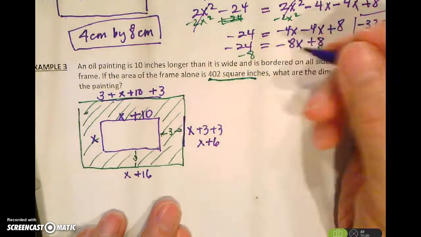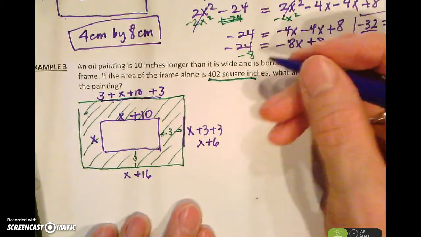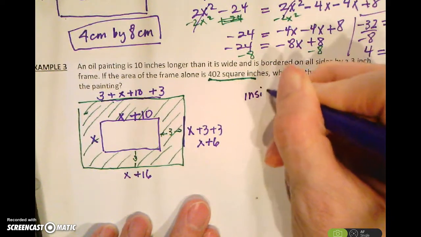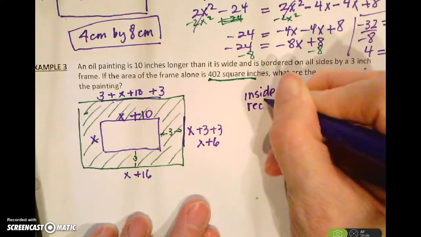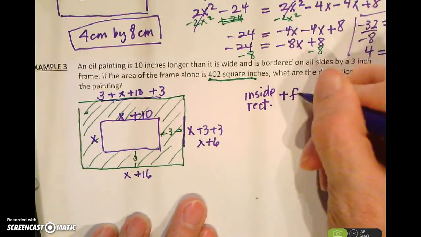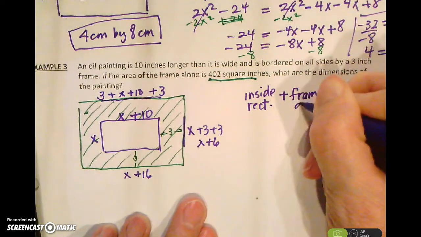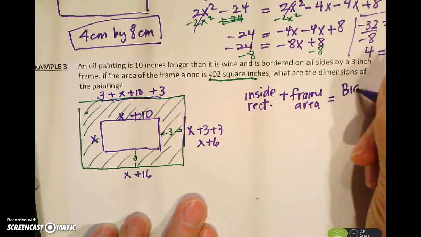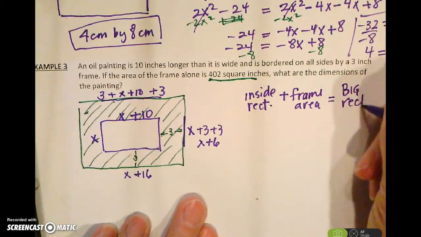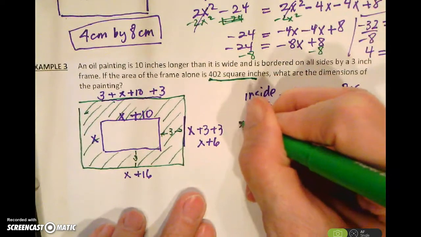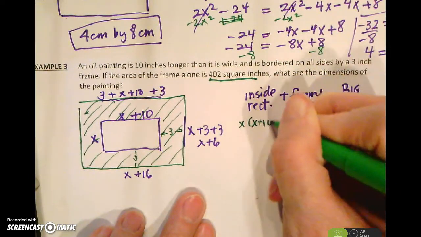All right, so we know that the frame is 402 inches, so if I take the inside rectangle and add the frame area to it, it's going to be equal to the big overall rectangle. So when I write an equation of that, the inside rectangle is x times x plus 10.